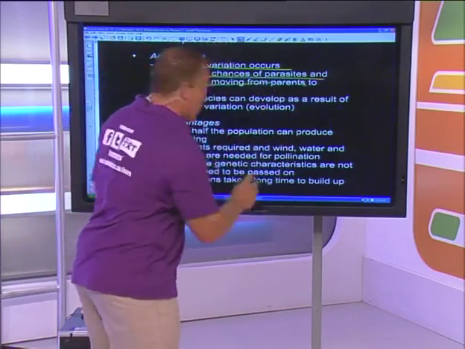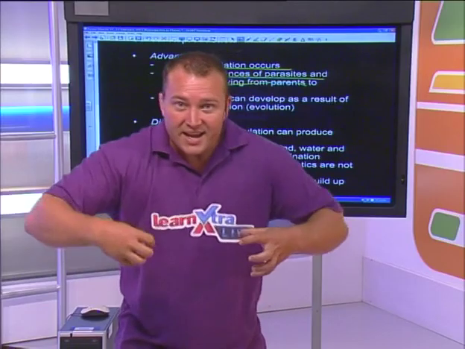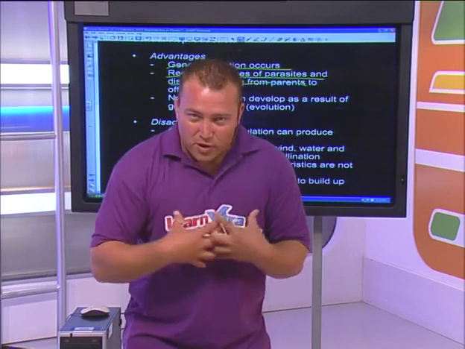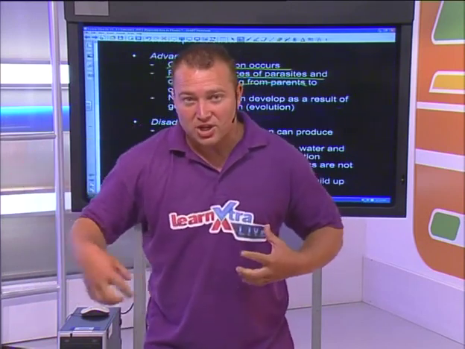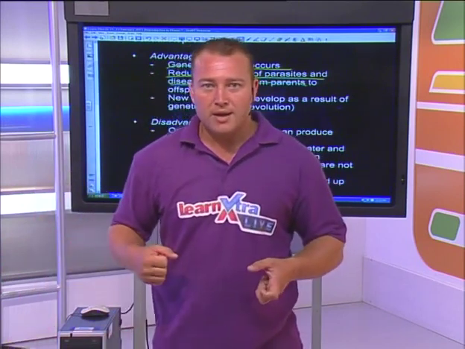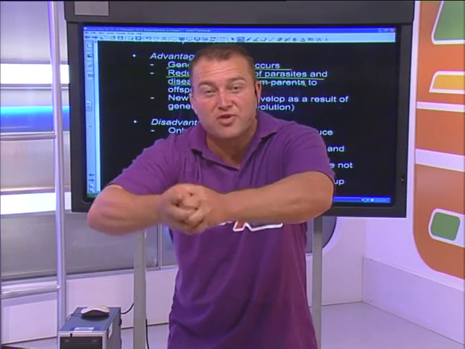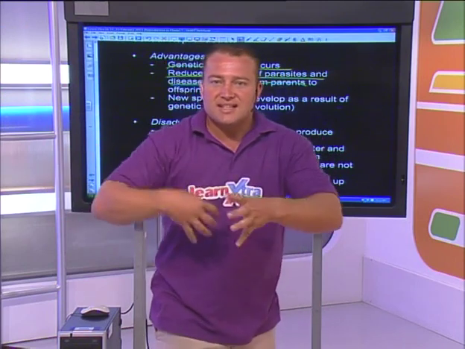This is also a nice thing. Parasites. Sorry, I just underlined it so that you can understand where I'm coming from. Parasites stay inside, for example, me. If I've got a parasite inside of me, and I go through asexual reproduction, I'm going to pass that parasite on to the offspring. Now, if I have to make a gamete and take another gamete and they join with sexual reproduction, that parasite doesn't go with.